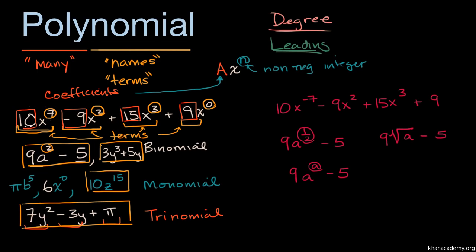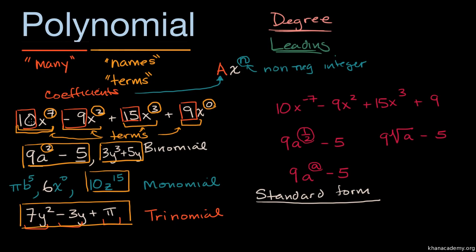And if you're saying leading coefficient, it's the coefficient in the first term. But it's oftentimes associated with a polynomial being written in standard form. Standard form is where you write the terms in degree order, starting with the highest degree term.